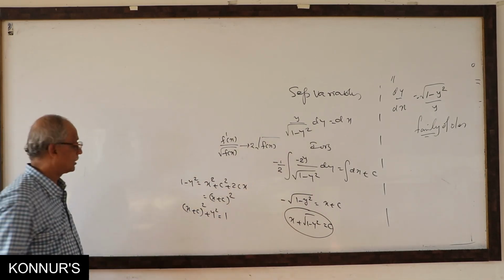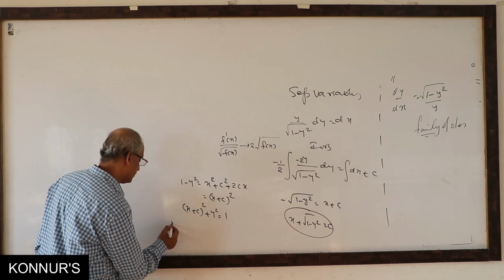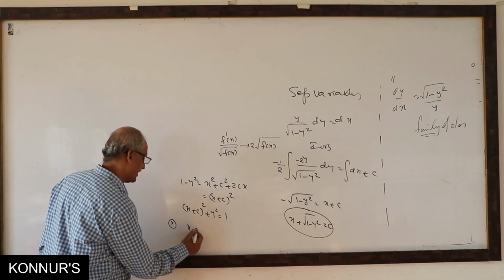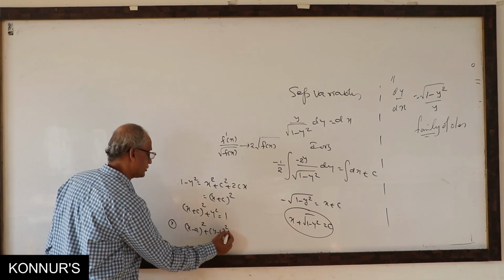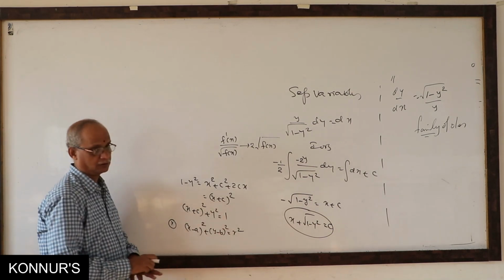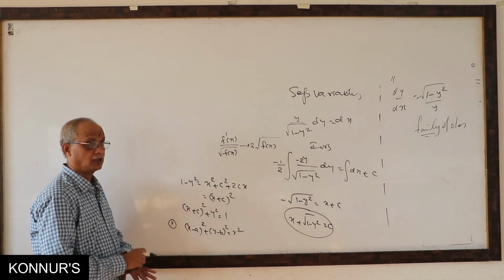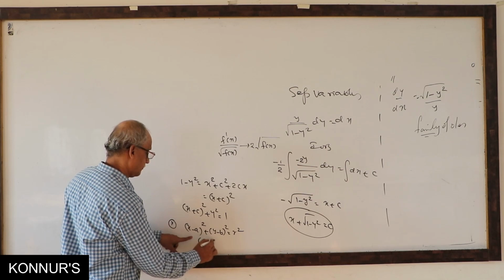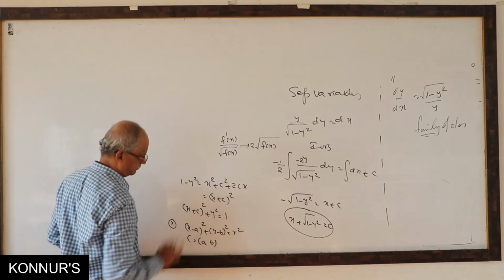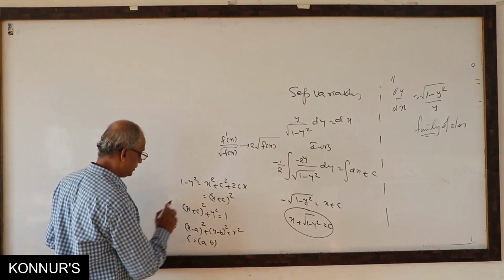Compare with the general circle equation. What is the general form of a circle? x minus a whole square plus y minus b whole square equals r square. This is the general circle. Center is a comma b. Radius is r. Compare with this.